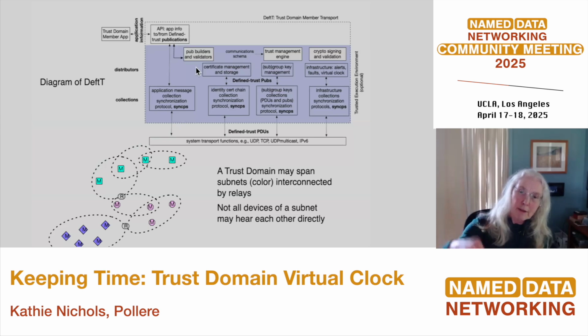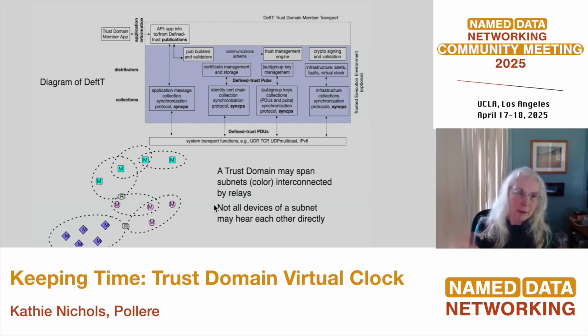So when you see the separate lines that go into the system transport, those are all from different collections or different SyncPSs. And I also want to note in the lower piece that a trust domain can span different subnets. And here I tried to show that by a different color. And those can be connected by something we call relays that can go between different subnets.